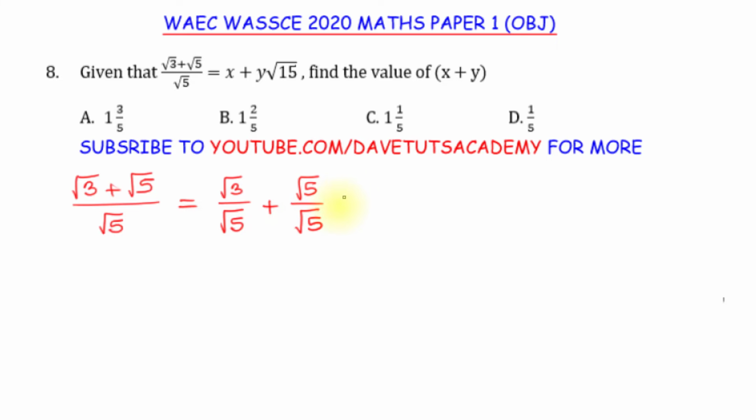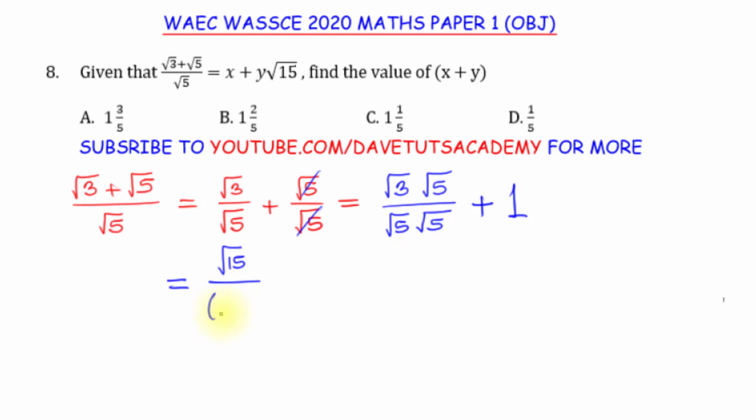Immediately we do that, you can see that the symmetry is coming out already, because in the first case, if you multiply both numerator and denominator by root 5, okay, and then root 5 over root 5 is just 1, because the numerator and denominator are the same, so they will cancel out. Then all we're having is root 3 multiplied by root 5 is root 15, okay, then over root 5 multiplied by root 5 is just as if you're having this root 5 raised to power 2, and we are still having our plus 1 here.